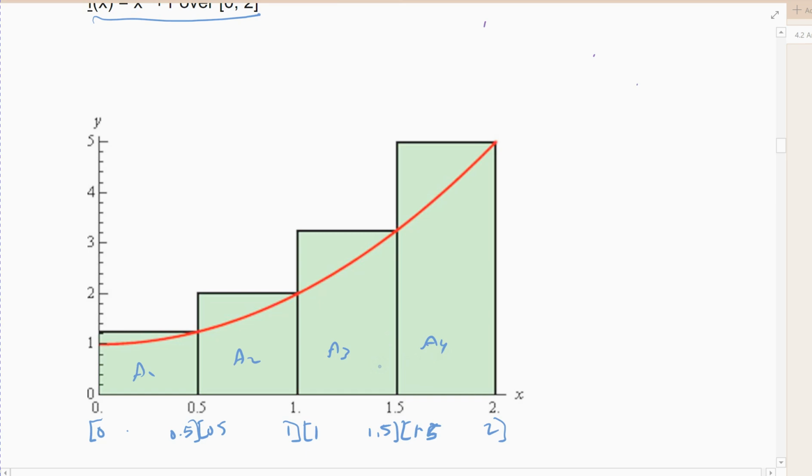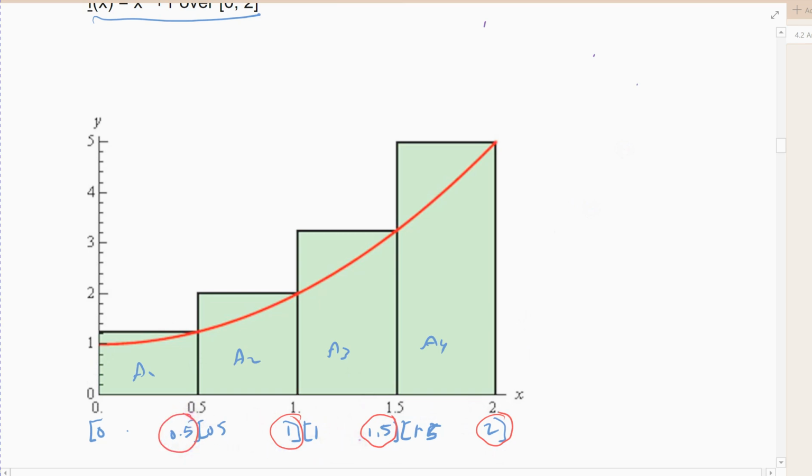And then what we mean by using the endpoints, when I go to draw my rectangle, I can draw it 2 ways. I can either start on the left side, or I can start on the right side. In this case, I started on the right, which means I start here at 2. The right value would be 2 for the first interval, 1.5 for the second, and so on.